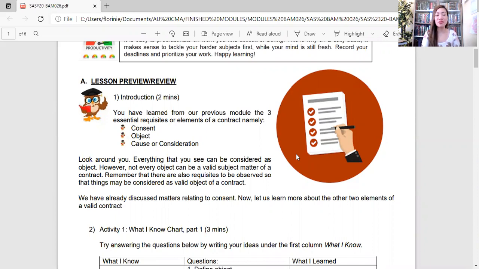Look around you. Everything that you see can be considered an object. However, not every object can be a valid subject matter of a contract. Remember that there are also requisites to be observed so that things may be considered valid objects of a contract. We have already discussed matters relating to consent. So now, let us learn more about the other two elements of a valid contract.